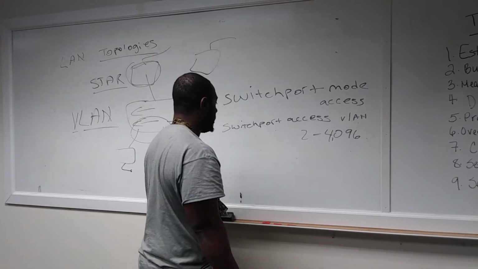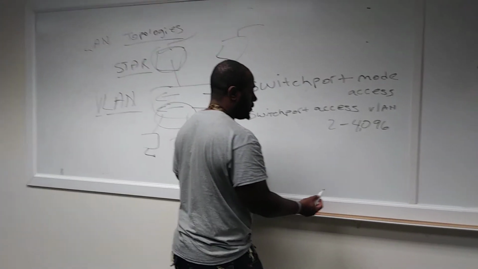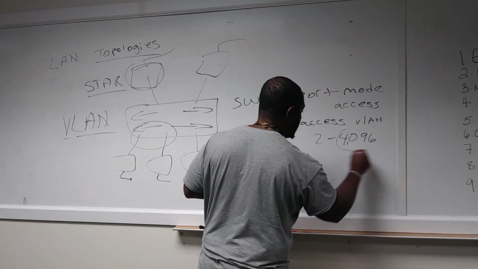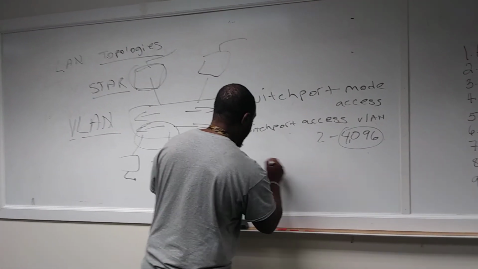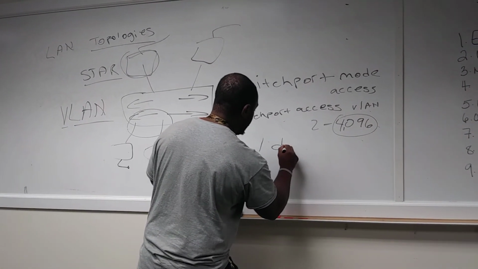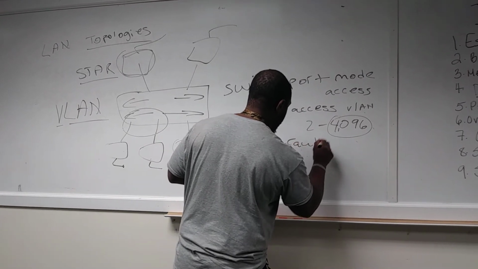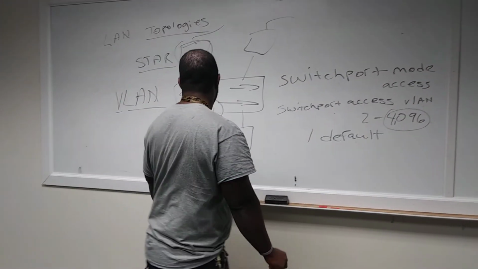In VLANs, we can have up to 4096 VLANs, and VLAN 1 is the default VLAN.